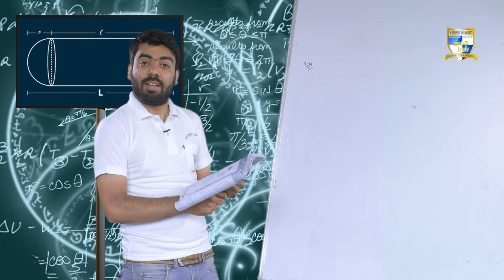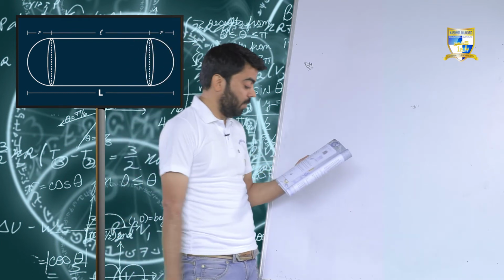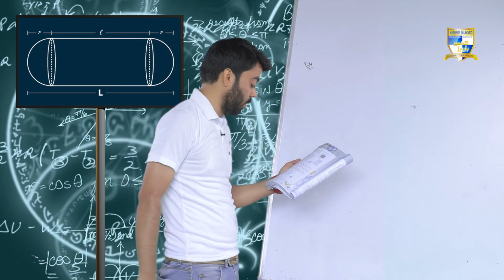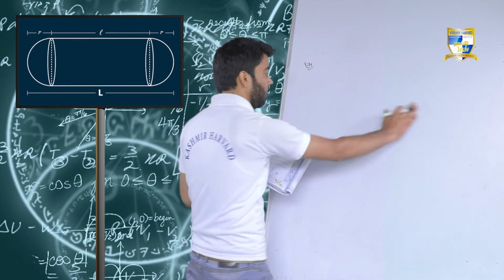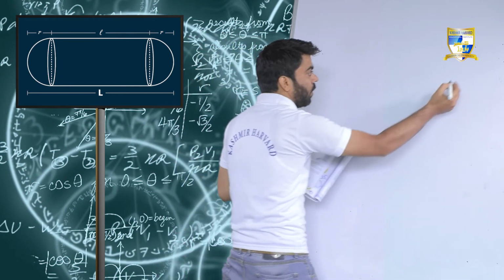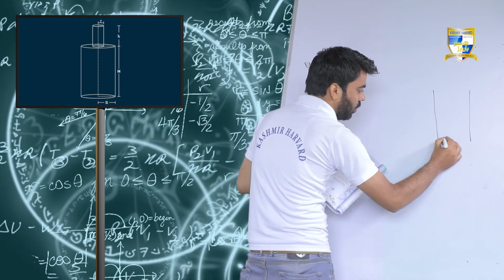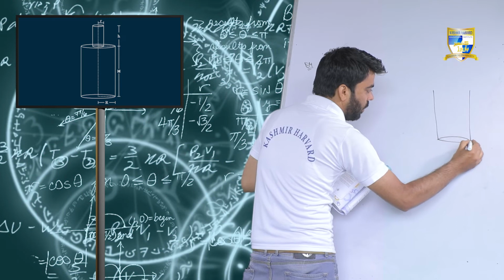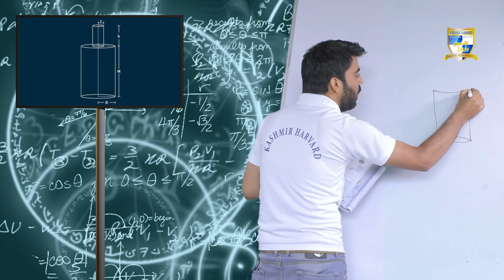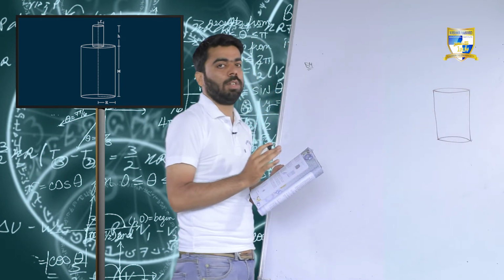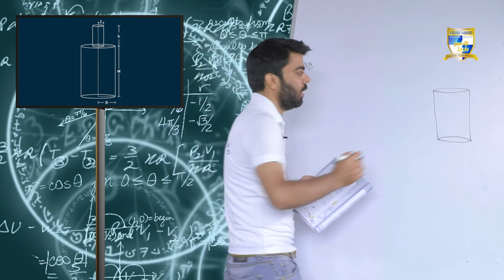So I will draw the figure first. I will take the statement here and I will draw the figure on the board. Look towards the board carefully. This is a cylinder. I am drawing a 3D object on a 2D surface, right? This is a cylinder.